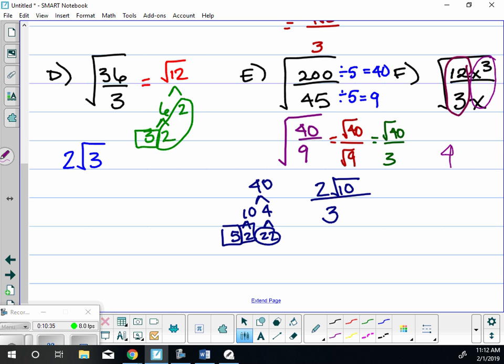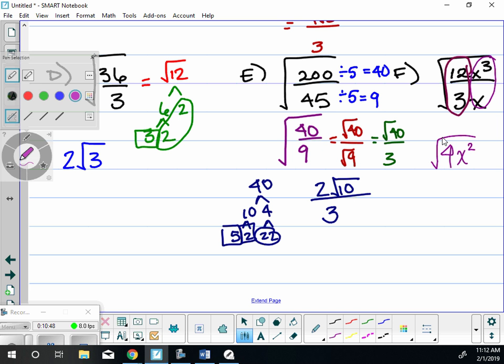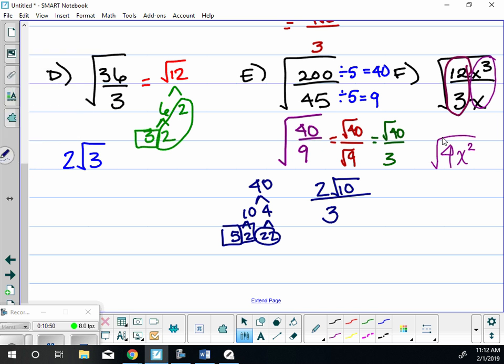What we're going to do is subtract. So 3 subtract 1 is 2, so I have the square root of 4x squared. What is the square root of 4? And how many pairs are in 2 x's? 1 pair, right? 1 pair in 2. So we're just going to take out 1x.